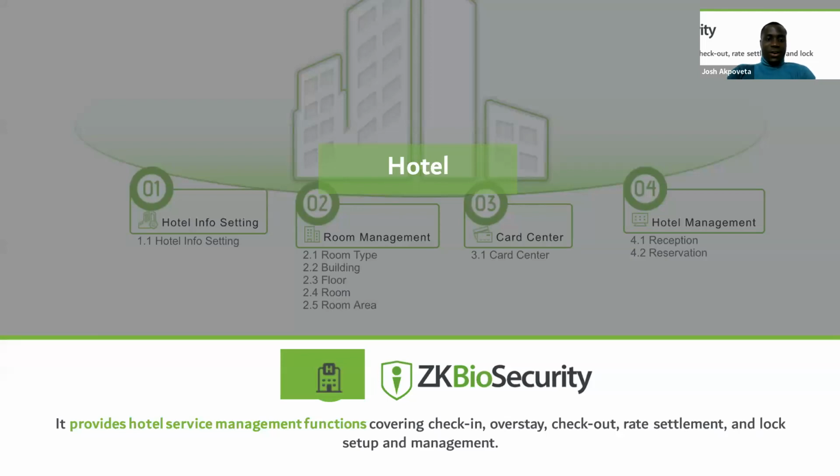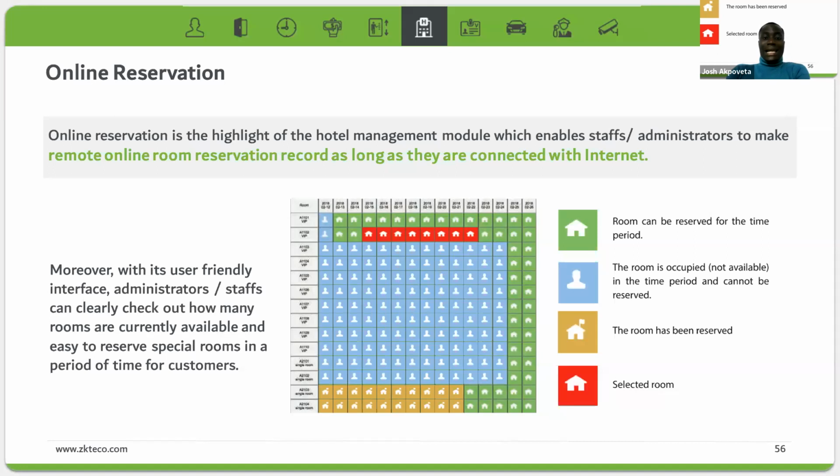Yet another feature of biosecurity is the hotel management. What do we mean when we talk about hotel management? Hotel management is a hospitality management solution for biosecurity that you can use to manage reservation and booking as long as you're connected to the internet.